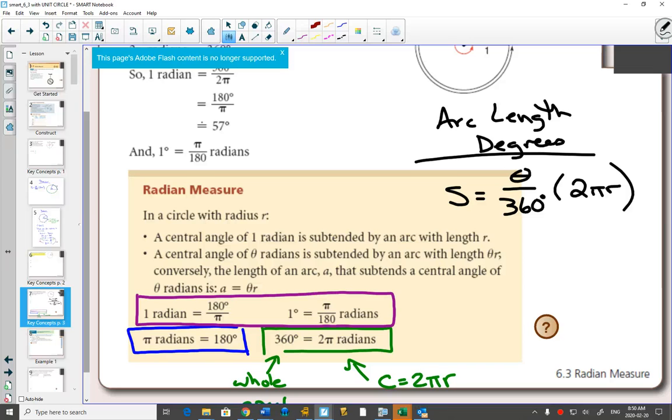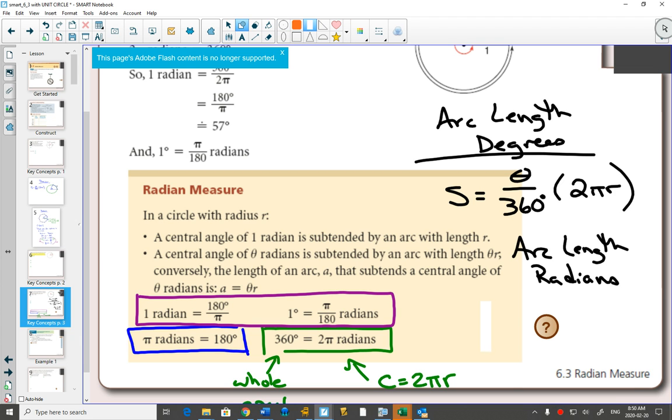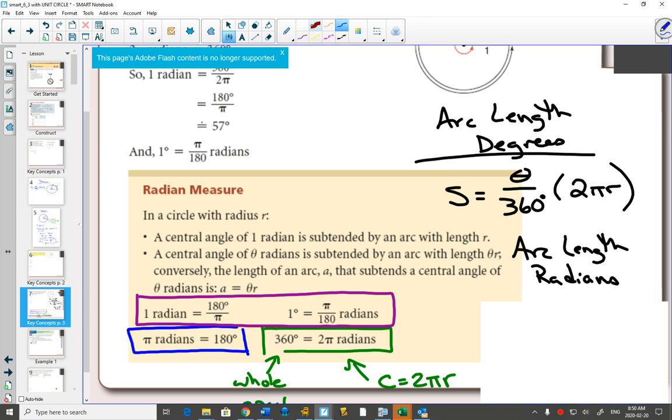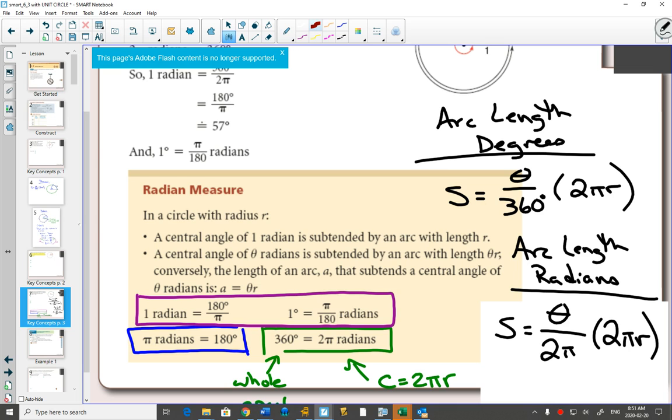We can now also do the same thing in radians. And in radians, what am I going to put instead of 360 on the bottom? It's still a proportion of the whole circle. It's going to be 2 pi on the bottom. And my circumference would still be here.